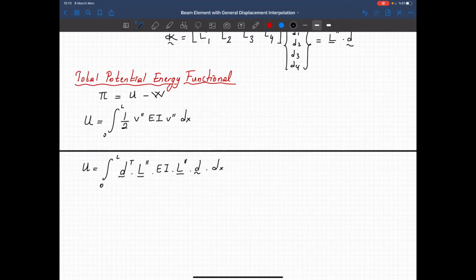Let's call this one equation 1. And when we evaluate that part of the equation, we know that that's our stiffness matrix. But let's call it KK, and that's our stiffness matrix defined in the general displacement field.